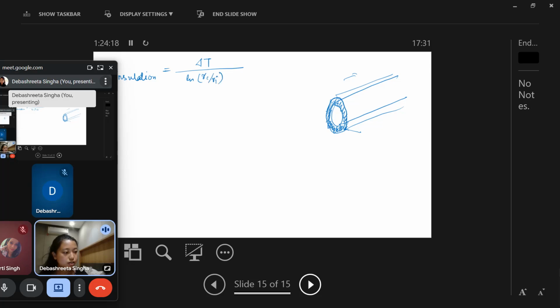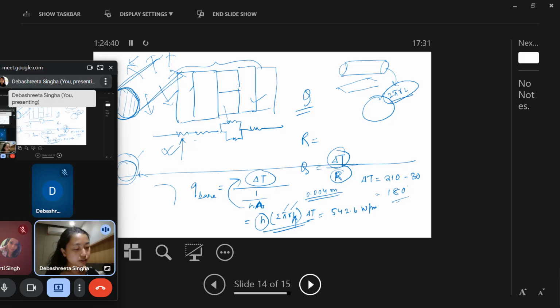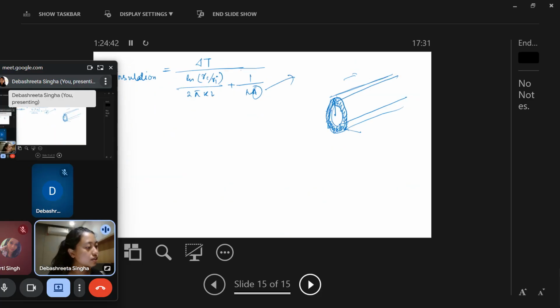I took RC because this is the critical radius, divided by 2 pi KL, plus 1 by HA. Now in the previous case, this A was only 2 pi RL. But here now the outer radius is RC, so it should be 2 pi RC into L. The radius is changed now. The outer radius is now RC.